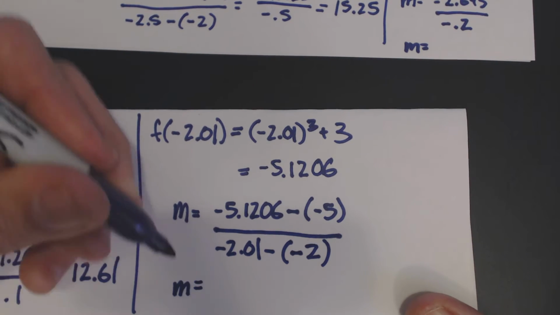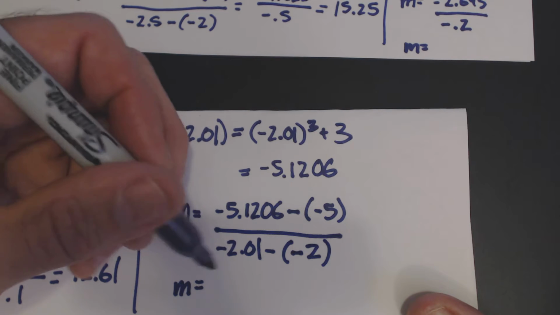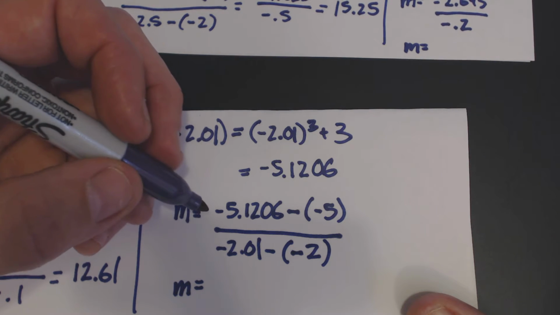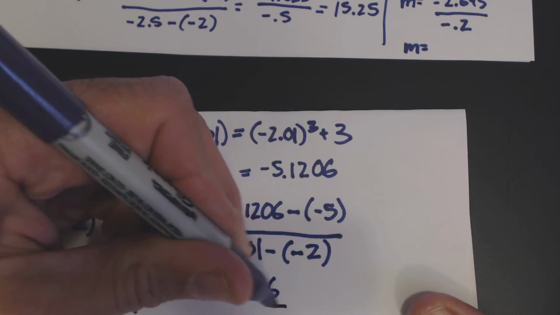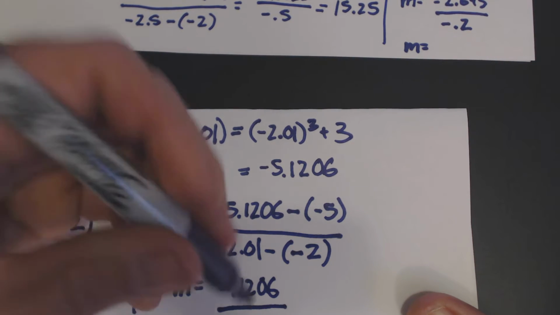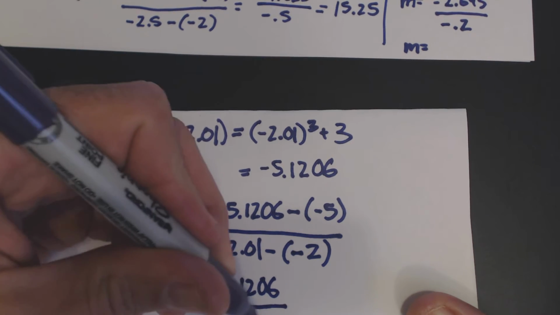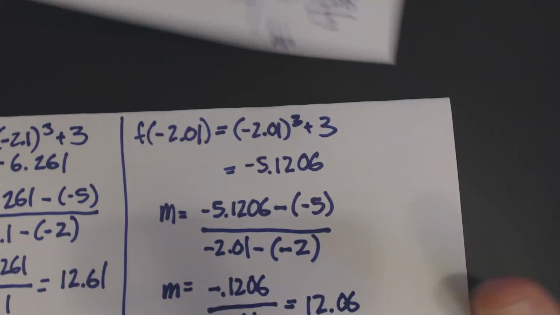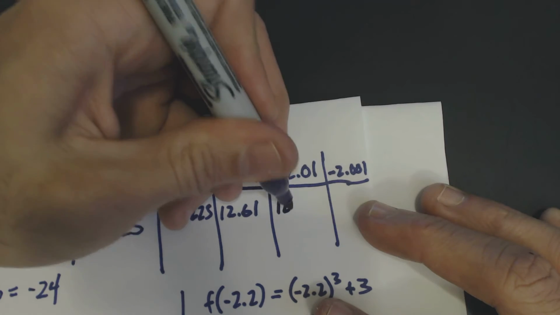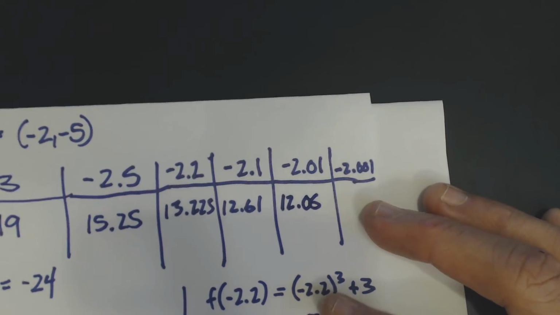So m is going to equal negative 0.1206 divided by negative 0.01, which equals 12.06. Looks like I was right about it converging to 12, because I think that's pretty much where we're headed.